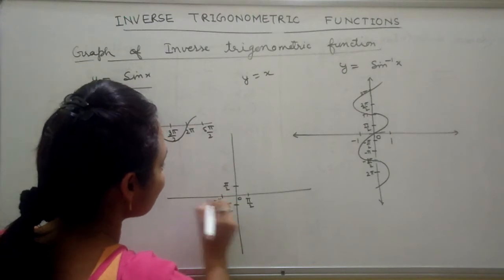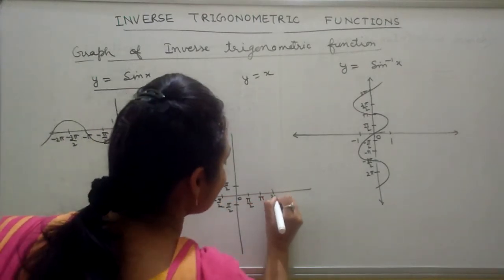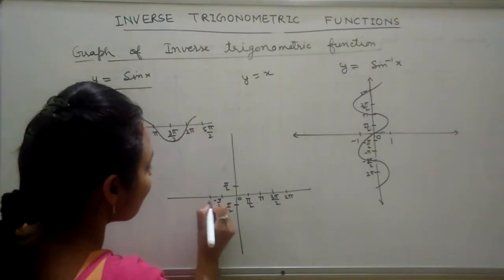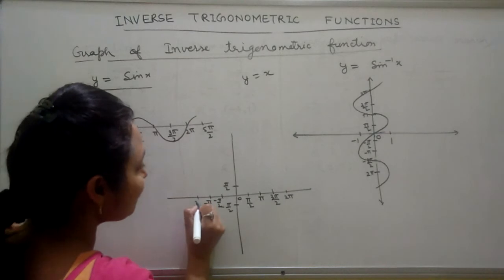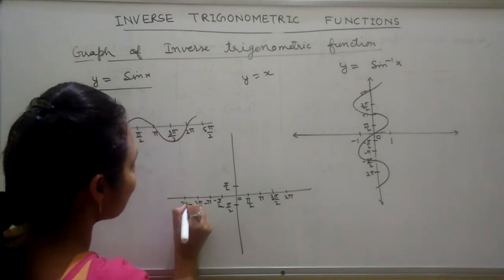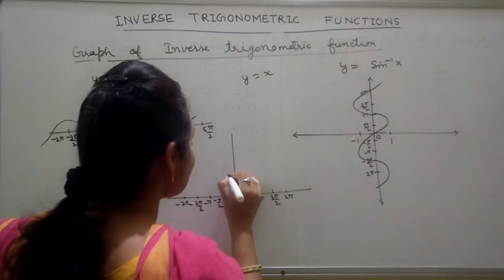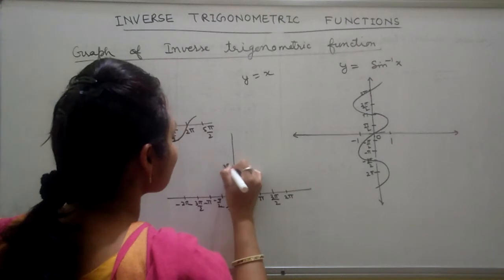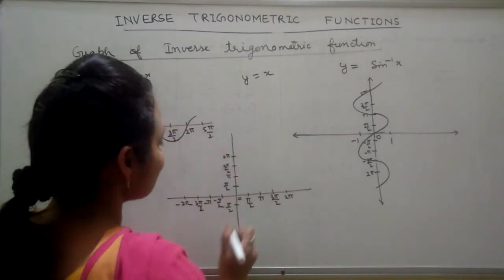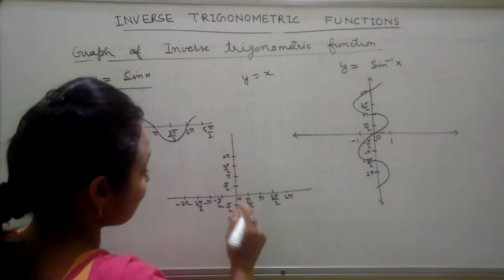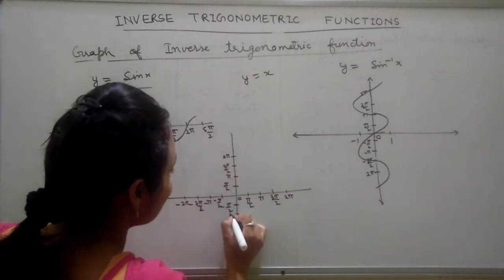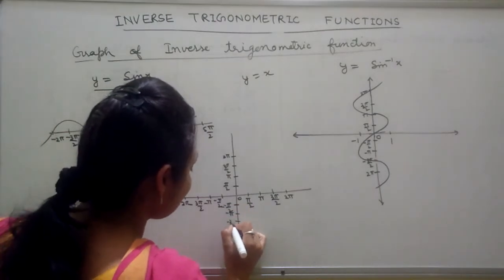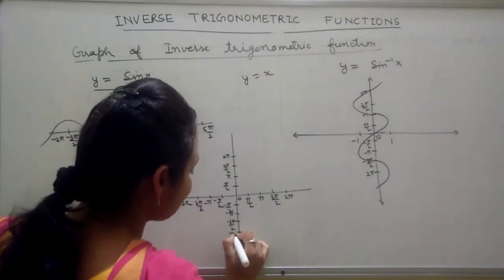This is pi, 3 pi by 2, 2 pi, and here we have negative pi, negative 3 pi by 2, negative 2 pi. Here pi by 2, then pi, 2 pi, 3 pi by 2, 2 pi.